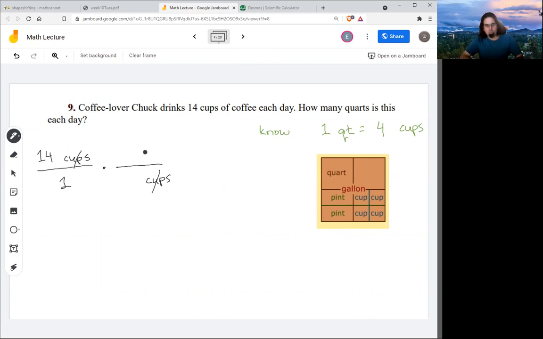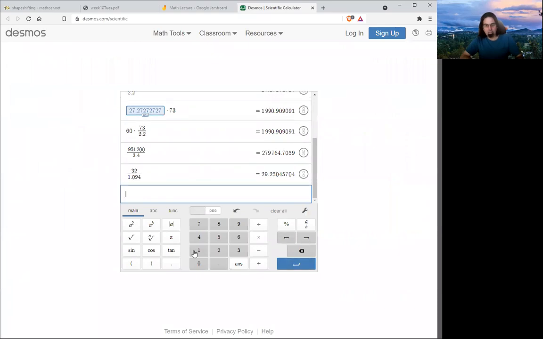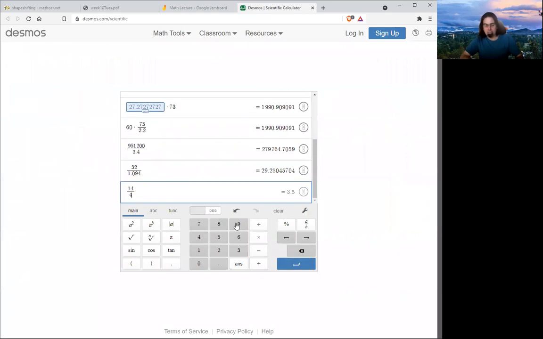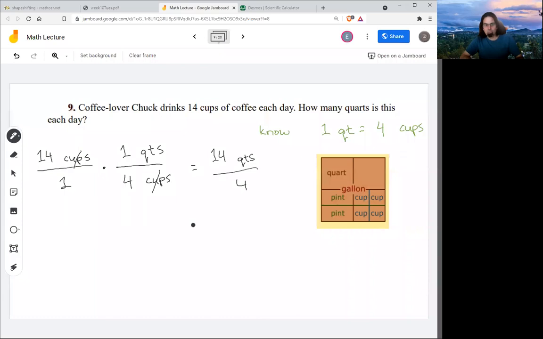And I can go from cups to lots of things. What I want is quarts. So 4 cups is a quart. I get 14 quarts over 4. $3.5.